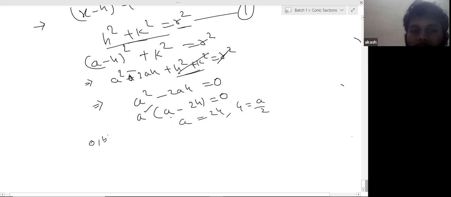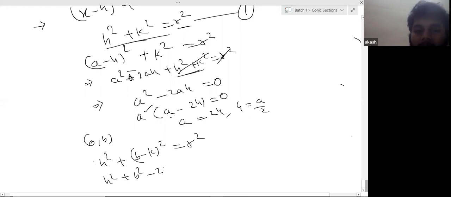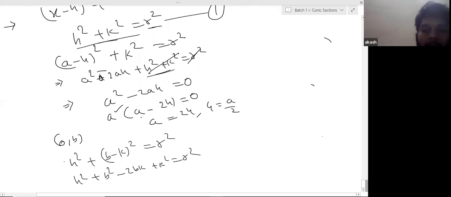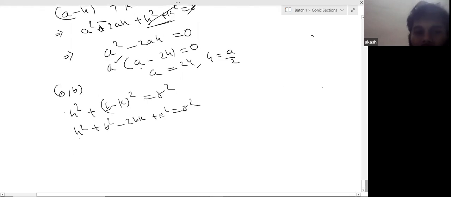Now putting the value of (0, b) in here, this will be h square plus (b minus k) whole square equals r square. So h square plus b square minus 2bk plus k square equals r square, right? Again, h square plus k square is r square, so this is cancelled.